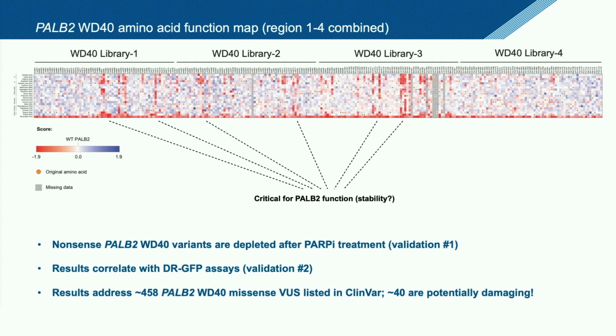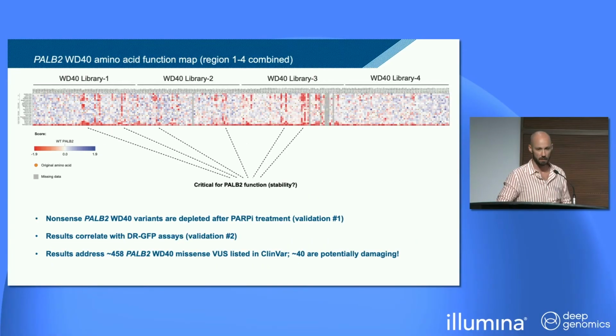The results also correlate with DR-GFP assays for some variants that we analyzed already and for which we published the results. But then at the bottom, most importantly, these results address more than 400 missense variants that are listed in ClinVar. Roughly 40 of those are damaging, I think. I only counted the ones for the first library.